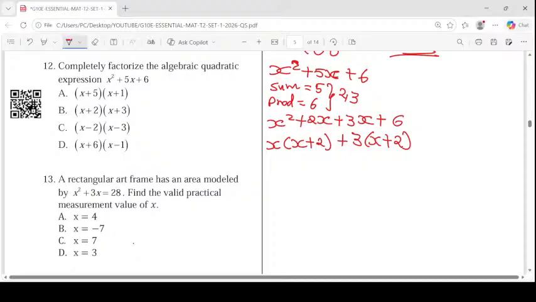So this becomes x plus 2 and x plus 3. That becomes now your final answer. Looking at the choices, choice B for boy exactly matches what we found.